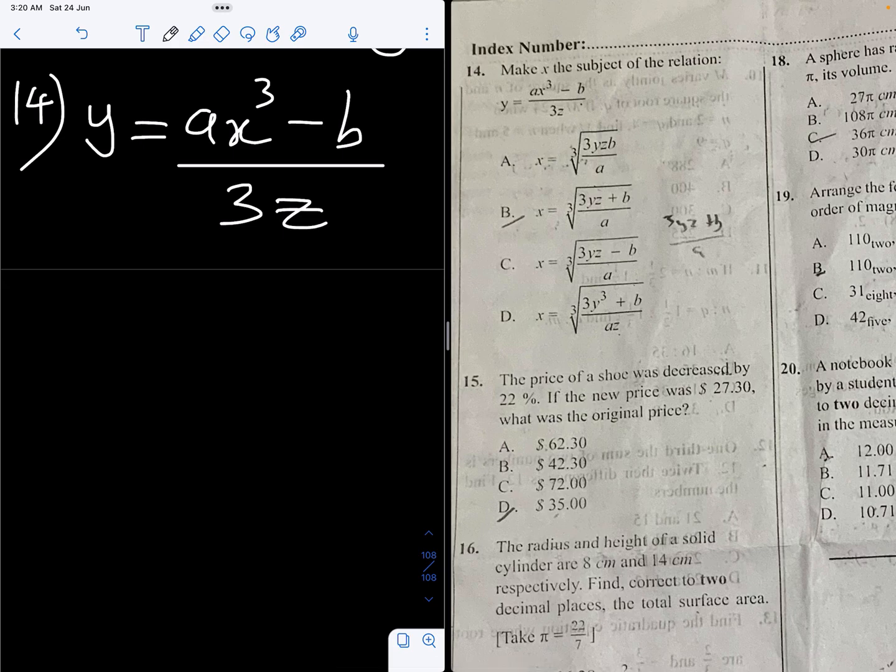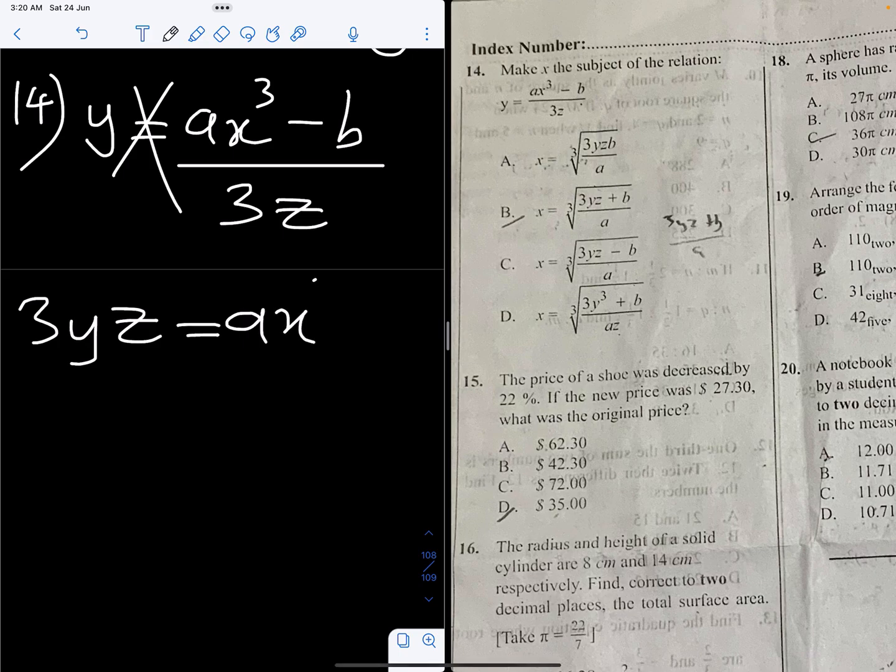Okay, we can start by cross multiplying, and that simply means 3yz equals ax cubed minus b.